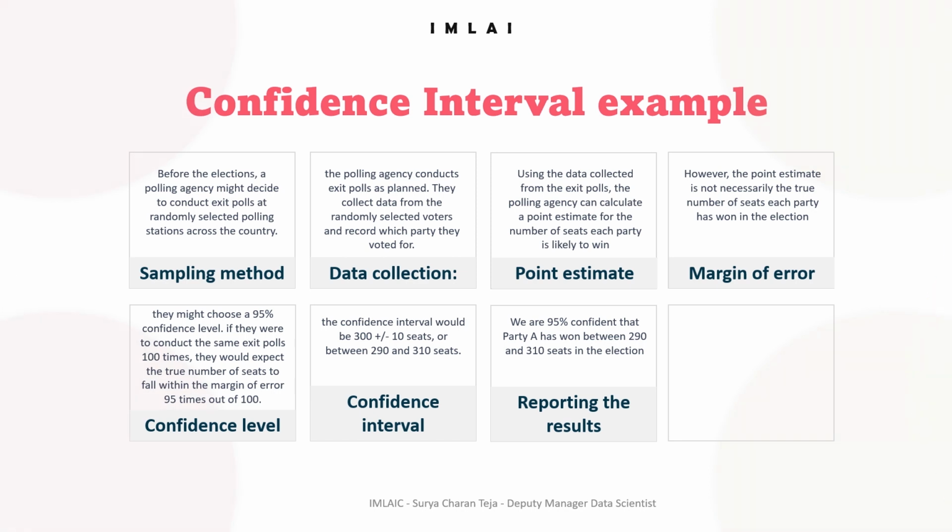So based on the confidence interval, the polling agency can report the results with a statement like, we are 95 percent confident that party A, which is nothing but the BJP, has won between 290 and 310 seats in the election. But our media channels don't tell it like this.